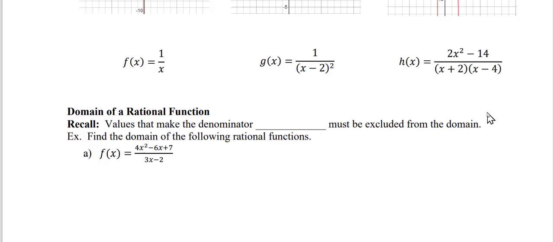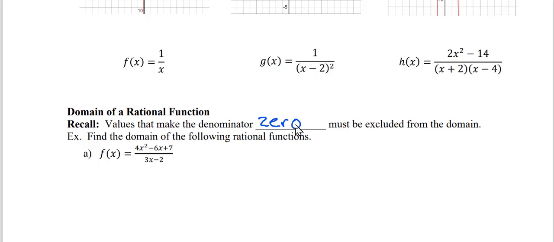Domain of a rational function. We've talked about domain a little bit. Remember that domain is what possible values x can take on. What can x be? Any values that make the denominator 0 must be excluded from the domain, right?